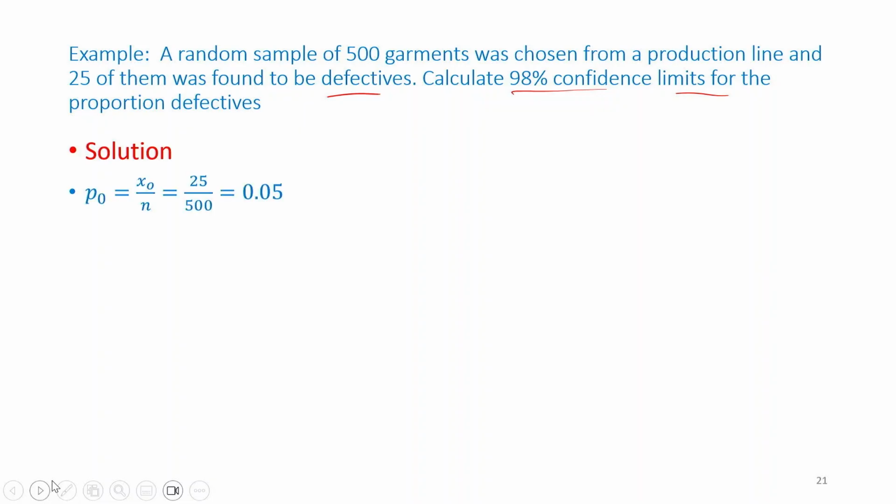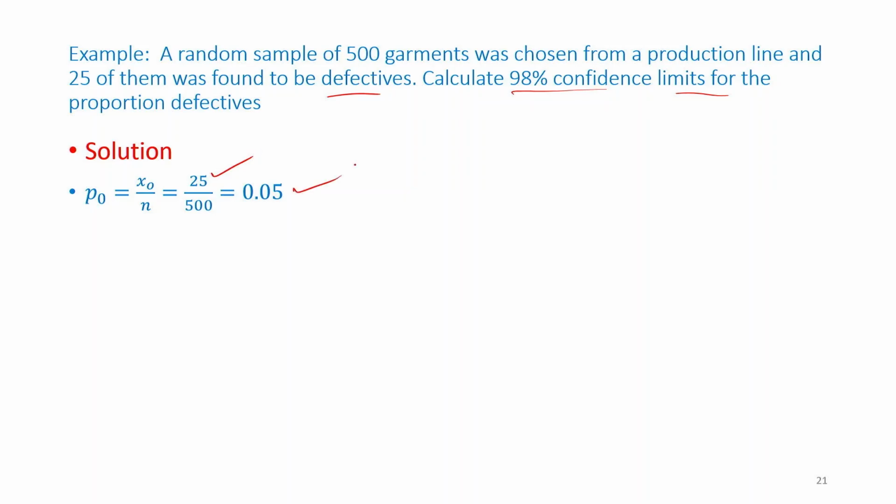Solution: first of all we have to find the observed proportion, P0. P0 is X0 by n, where X0 is the observed number of defective items, 25, and n is 500.